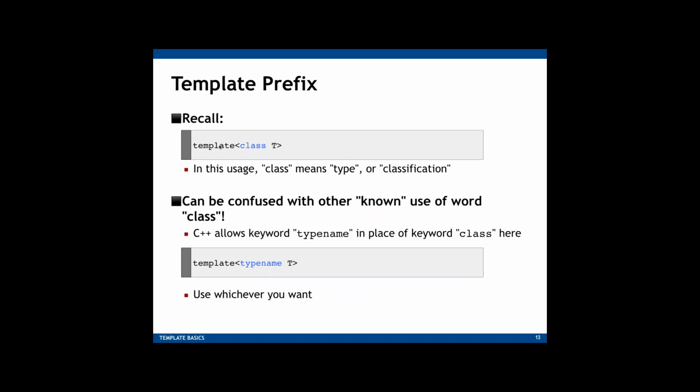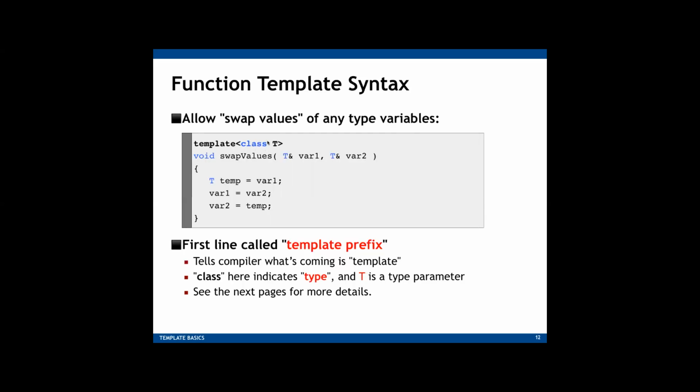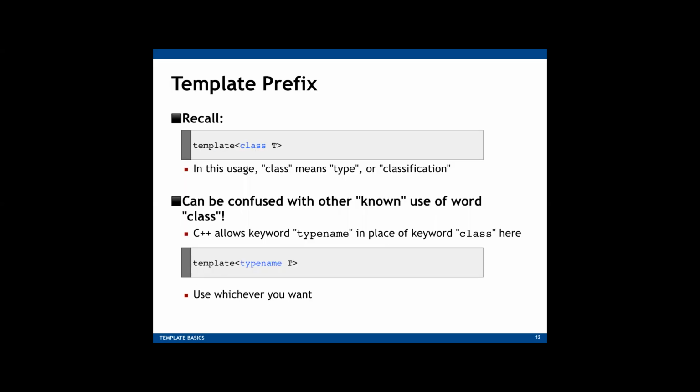Recalling, the function template starts with this line, template class T. Here the keyword class, you can think of as a type. So type T. You can think the meaning of this class is a type.